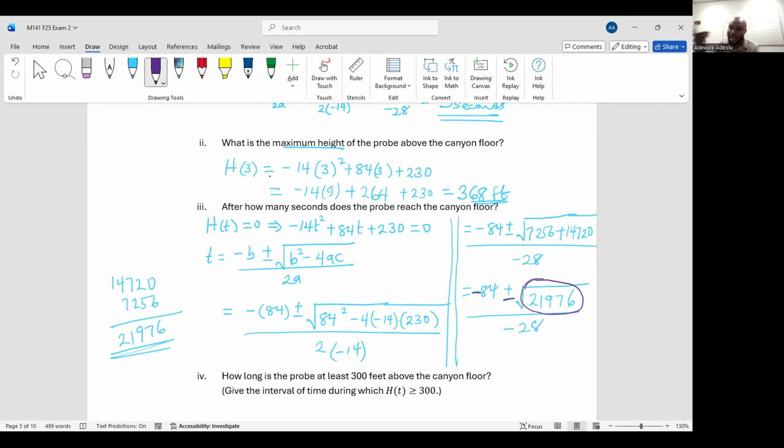And now, time cannot be negative. So it turns out that my answer should be negative 84 minus the square root of 21976 divided by negative 28 seconds. Answer.